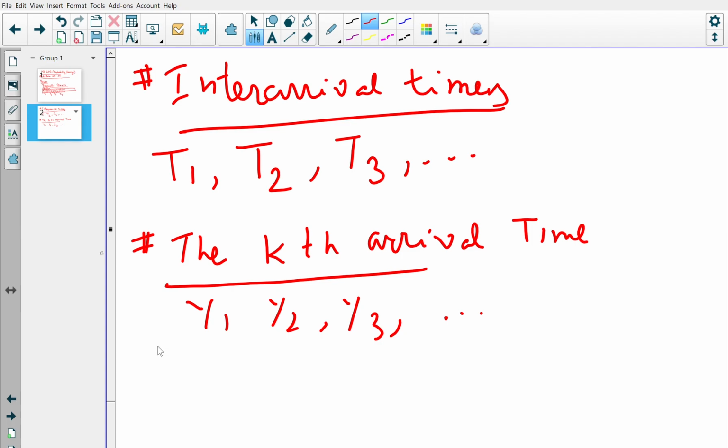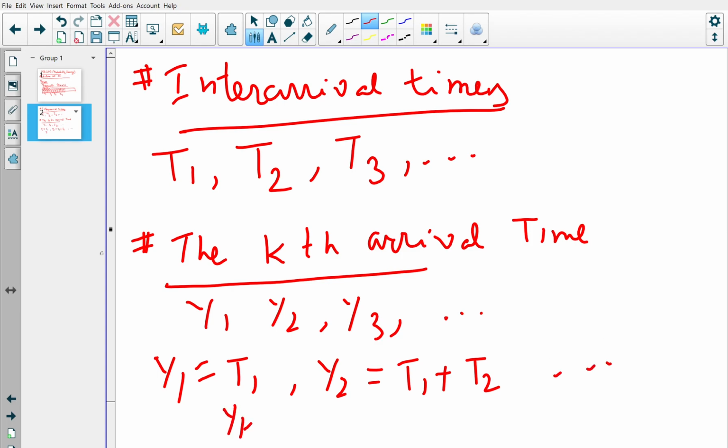You can easily understand that Y1 is nothing but T1, and Y2 is nothing but T1 plus T2, and so on, and in general for any k, Yk equals T1 plus T2 plus up to Tk. So here the Ti are the interval times, and Y is our kth arrival time. They are random variables also, discrete random variables.